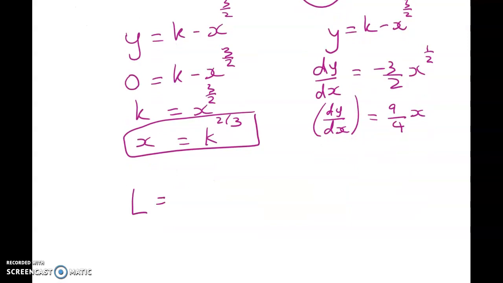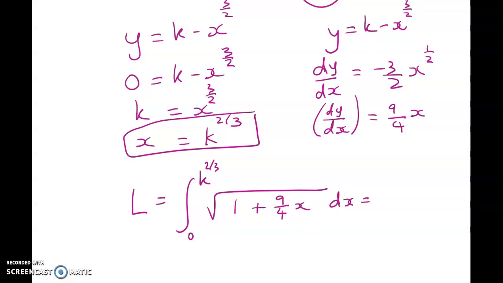So what have I got here? Well, I've got the integral from 0 to k to the 2/3 of the square root of 1 plus 9 over 4x dx, and all of that has to equal 56 over 27. Remember, we're solving for the value of k.